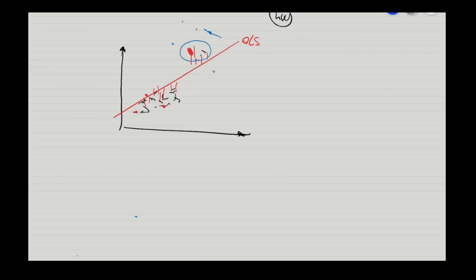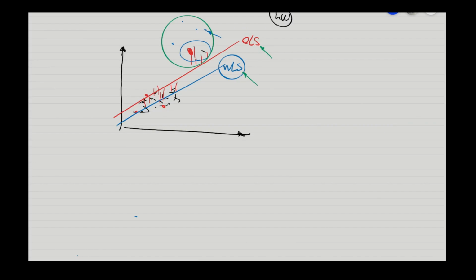Weighted least squares is going to somewhat ignore them and maybe do something like this. So this is going to be my weighted least squares fit. If we ignore these outliers, weighted least squares is going to be a better estimator compared to OLS. That's the idea: weighted least squares gives less weight to the observations whose variance is higher.